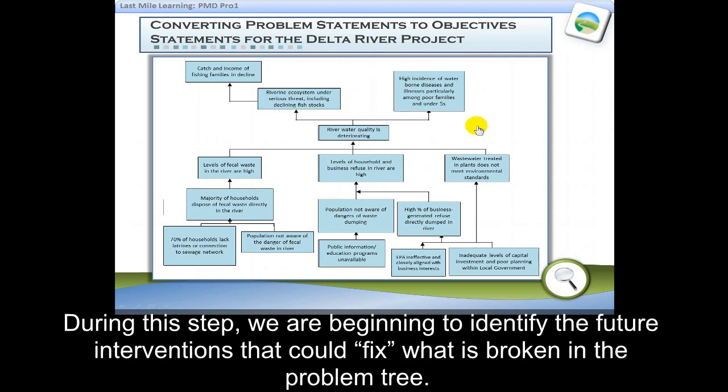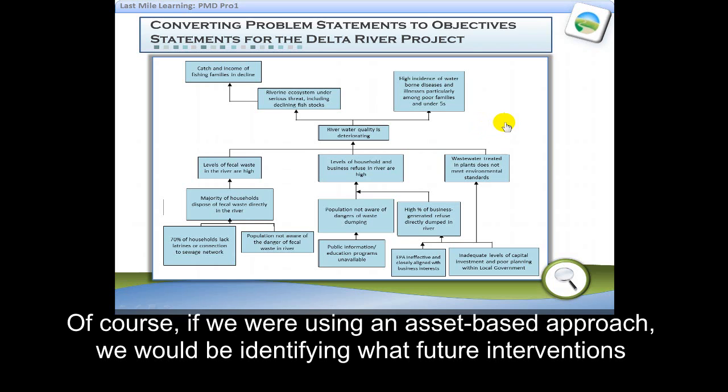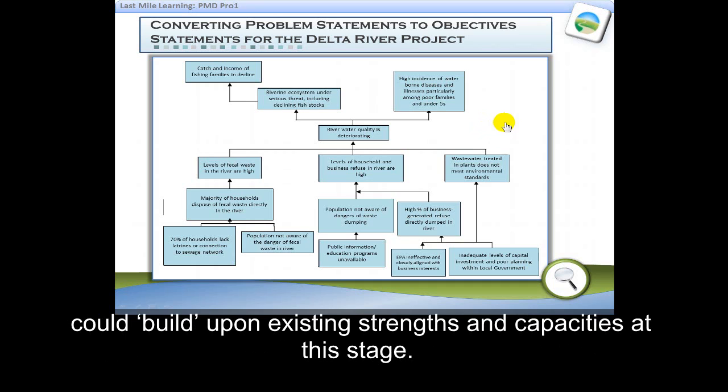During this step, we are beginning to identify the future interventions that could fix what is broken in the problem tree. Of course, if we were using an asset-based approach, we would be identifying what future interventions could build upon existing strengths and capacities at this stage.